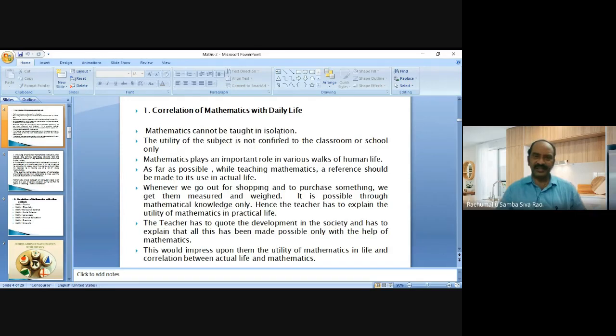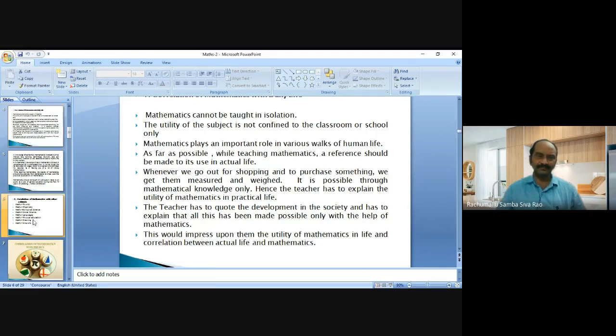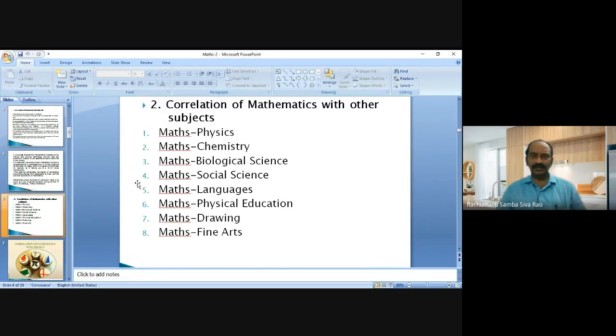Okay. Next, the second type of correlation is correlation of mathematics with other subjects.